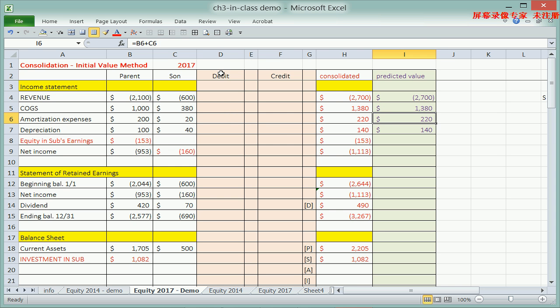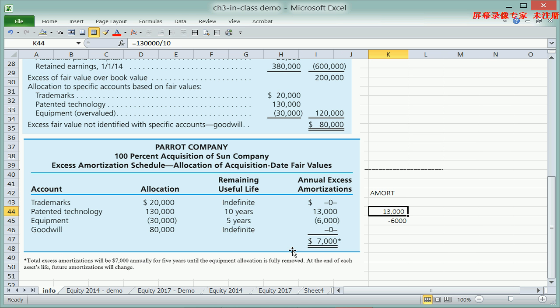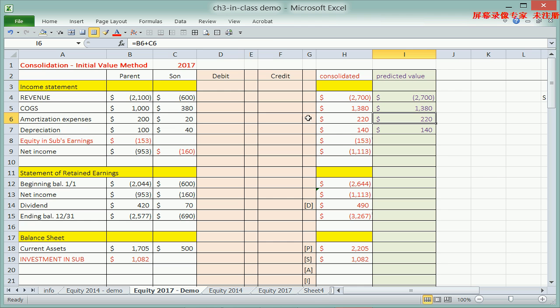And we know there should be an extra $13,000 added to the consolidated balance, because the subsidiary didn't incorporate the fair value when it calculated the amortization. So as the whole entity, we need to incorporate the fair value excess that the parent paid into the amortization expenses.